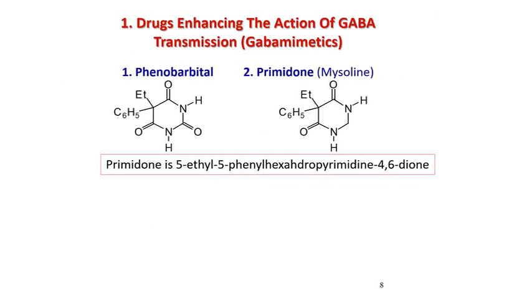A short look at phenobarbital, that we can also name phenobarbitone. This phenobarbital and its corresponding unoxidized form, primidone, where a carbonyl is absent.